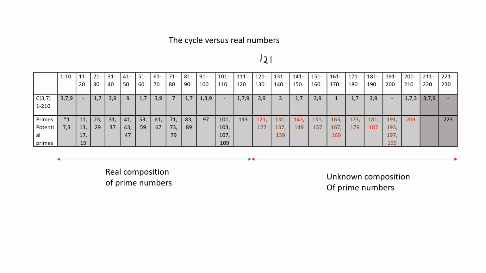So gap per gap, it doesn't matter that the cycles get so big. We're gonna be tracking those gaps because gap per gap we're gonna be mapping the composition of prime numbers.